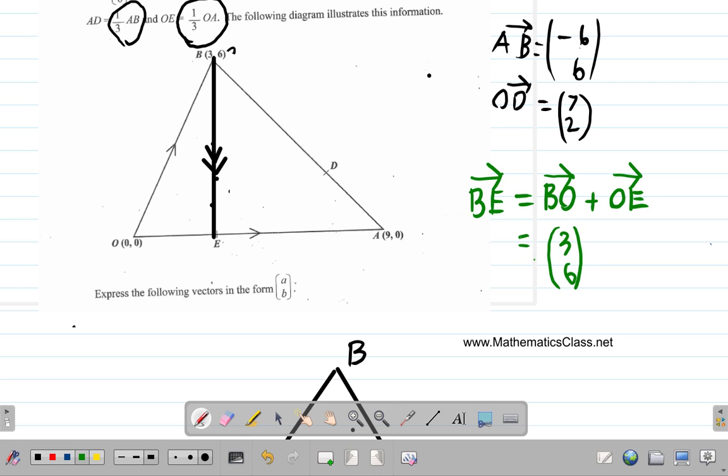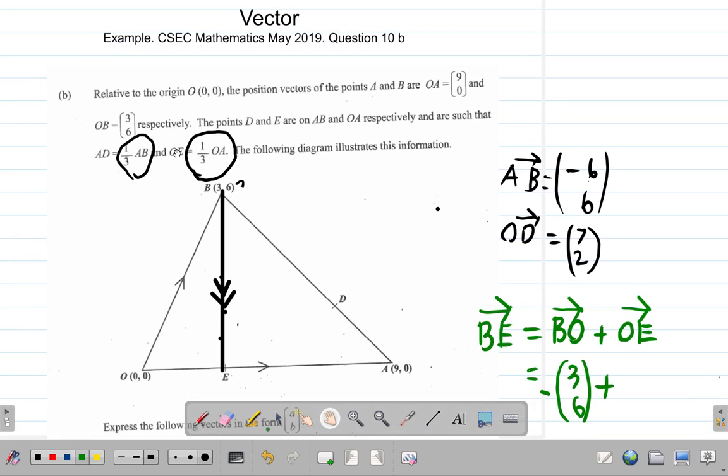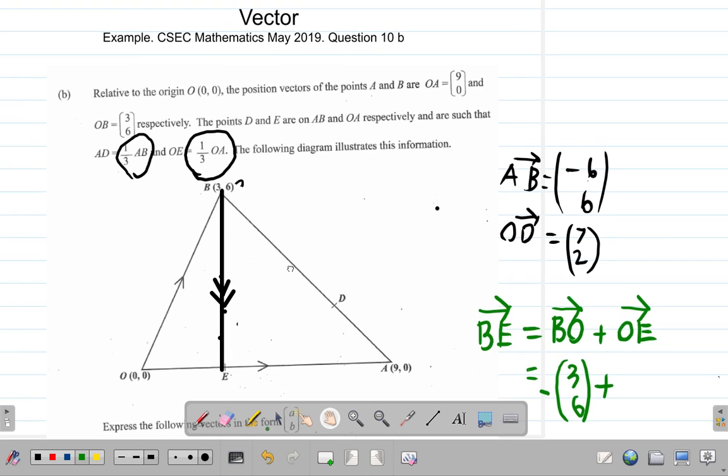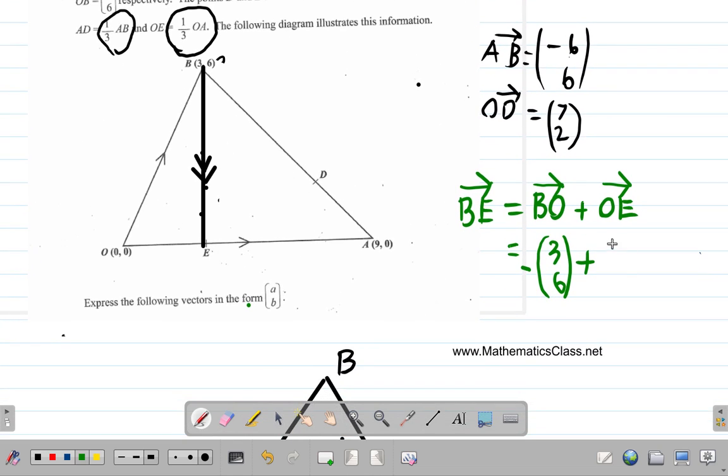So BO must be negative 3,6 plus OE. From O to E is 1/3 OA. Remember that. OE is 1/3 OA. So we say plus 1/3 OA. You see that?